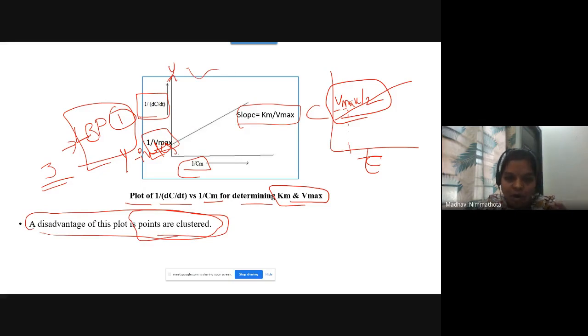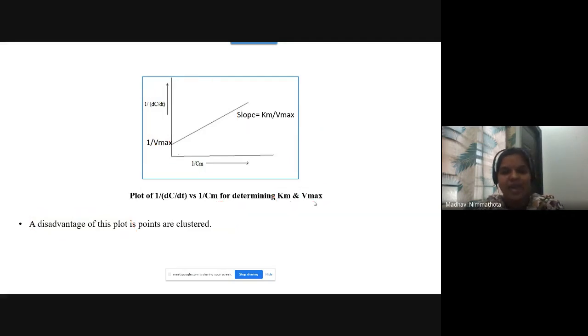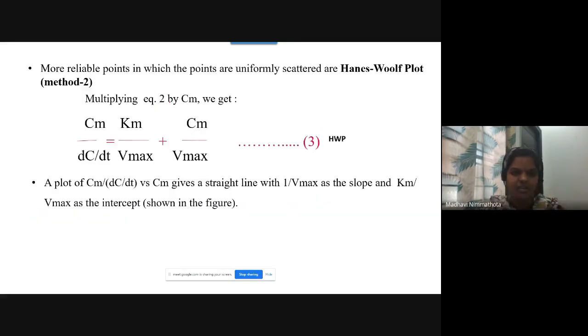While plotting the graph, some points are clustered. So that's why two more scientists described two more equations for determining Km and Vmax, with more reliable points in which the points are uniformly scattered. In the case of the linear Burke plot, they will be clustered, and here they are uniformly scattered.